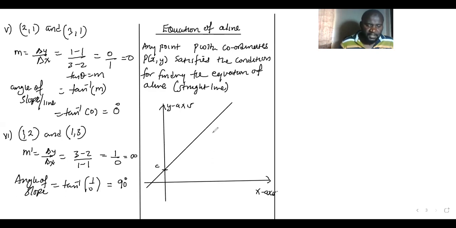Then we have a point here, P, and our P is (x, y). So I can have my line represented like this, and then I have a slope defined like that.